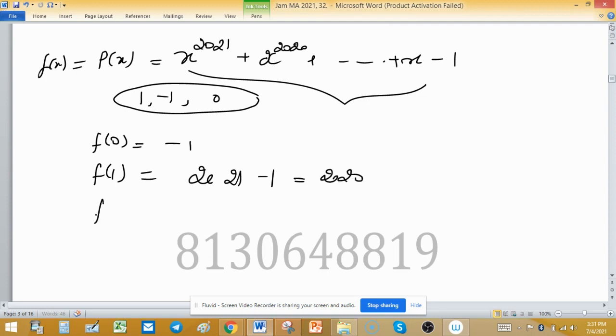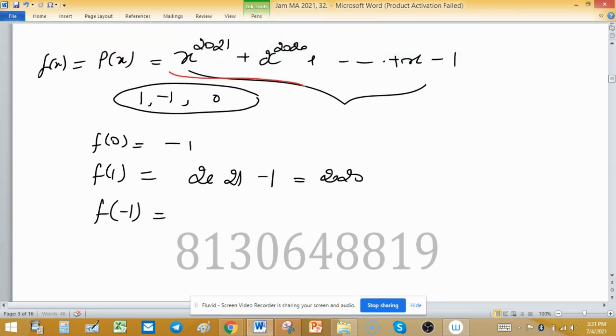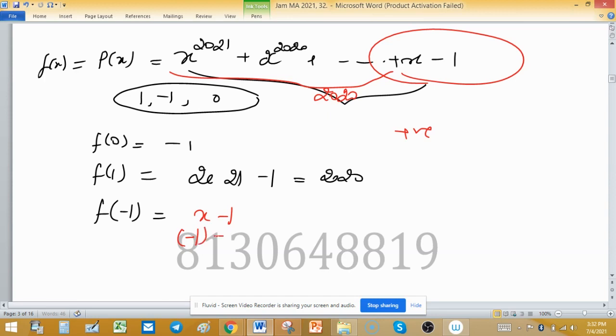This is the value of f of 1. And the value of f at minus 1: there are 2020 terms, alternately positive and negative, so all will cancel out and the remaining one will be x minus 1. After putting in minus 1, it equals minus 2. So the value of f of minus 1 is minus 2.